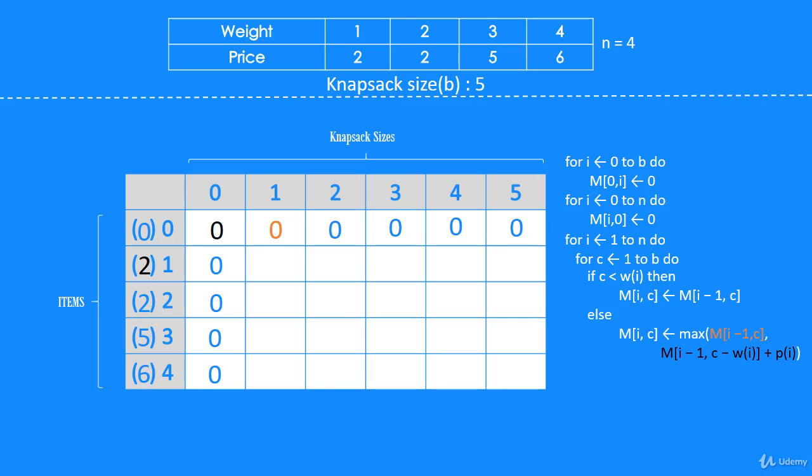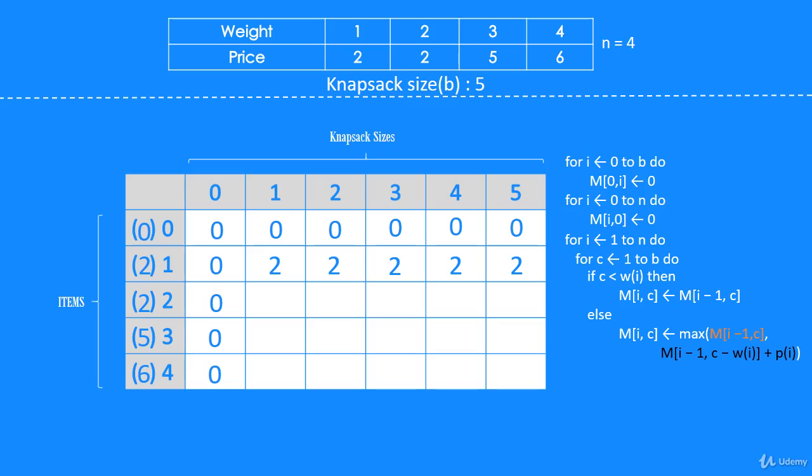Obviously, 2 plus 0 is bigger than 0, so we write 2 and continue with a bigger knapsack. Now, the size of our knapsack is equal to 2, but since we can put there only this item, the price is still equal to 2. As you have probably figured out, all other cells in this row will be equal to 2.